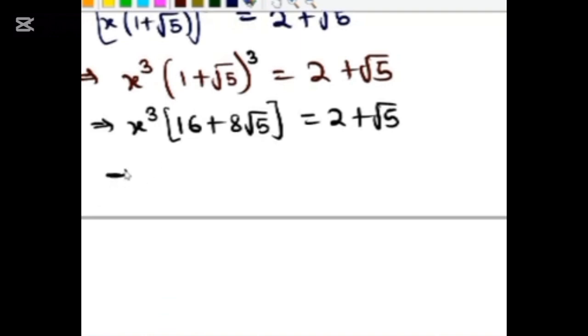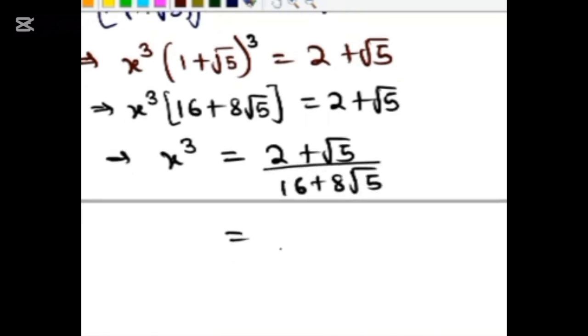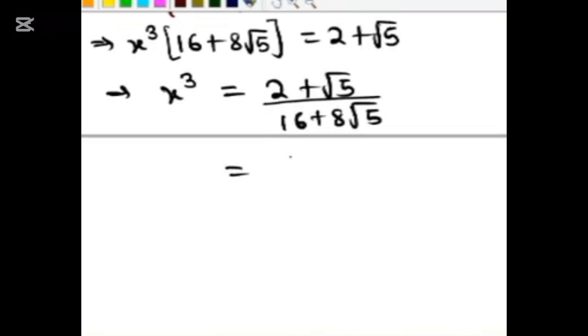So at this point, my x cubed alone is now equal to 2 plus root 5 all over my 16 plus 8 root 5. And then, of course, if I factorize the denominator, I'm going to get exactly the value I have in the numerator inside my denominator. And what is that?